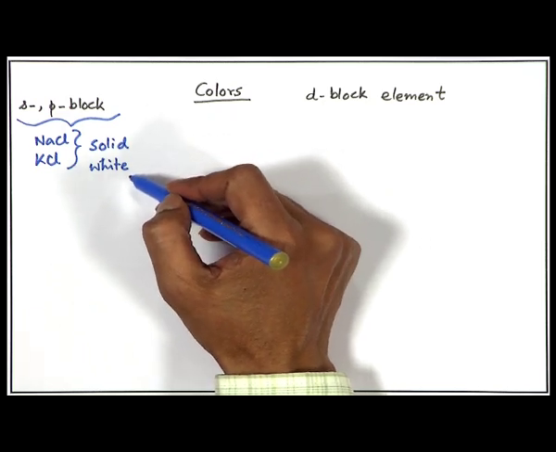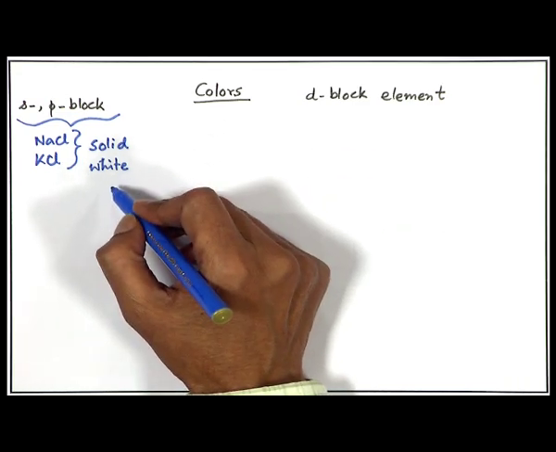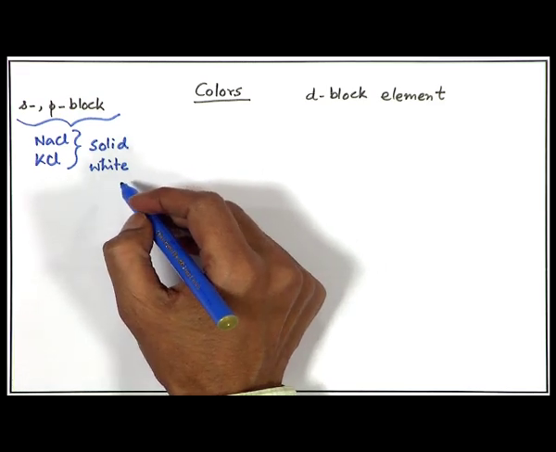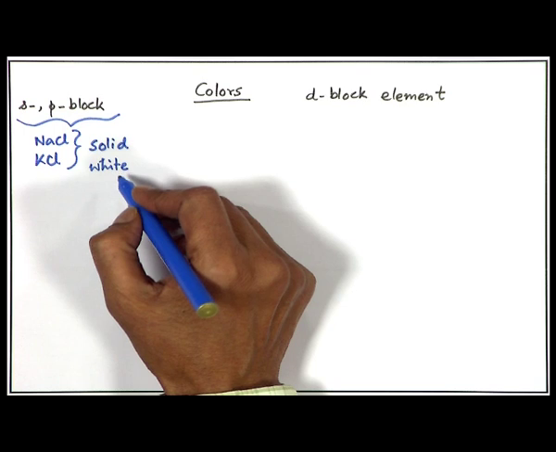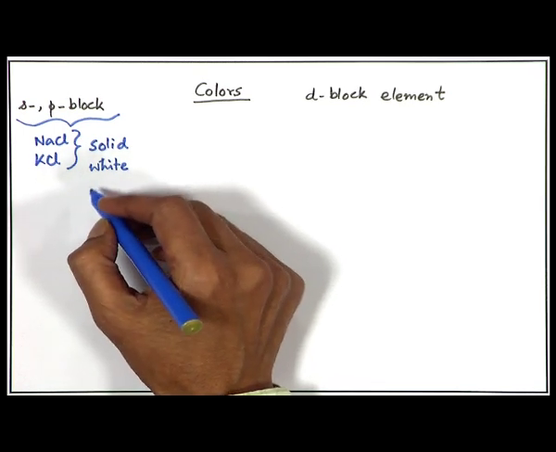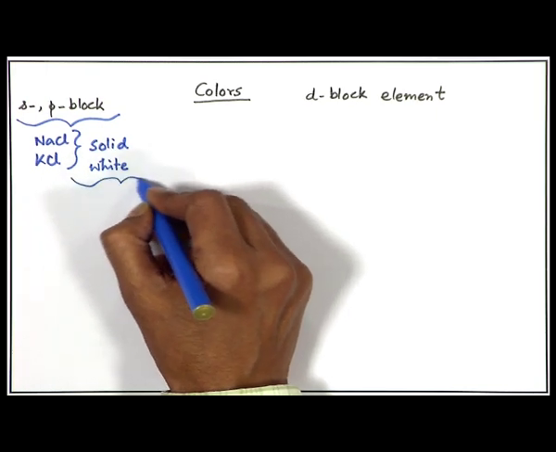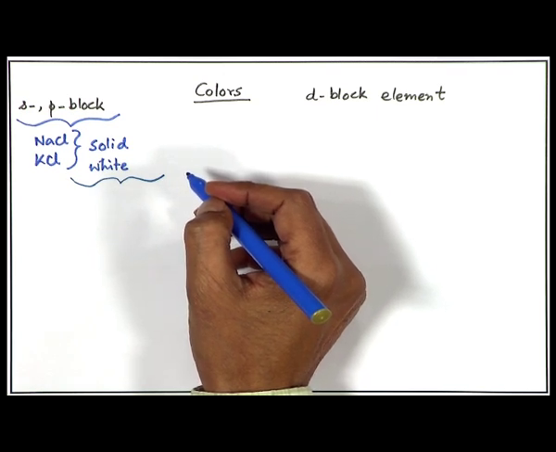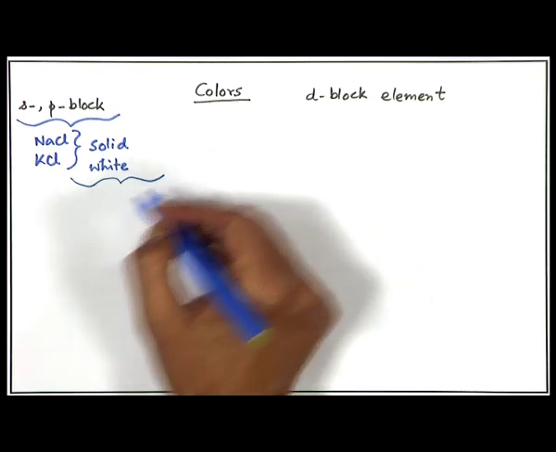If I now ask why they are white, it has no relationship with coloration. If they are differently colored, we know in the visible range we have so many color combinations and options. In this case, the absorption in a particular range is taking place, the electronic energy changes of the metal ions or the anions.